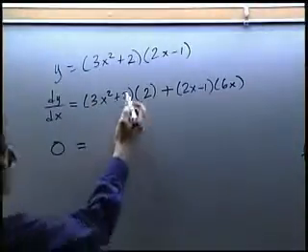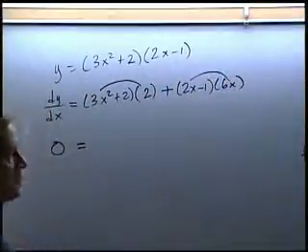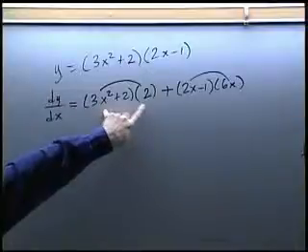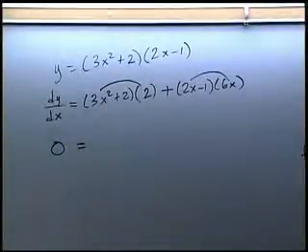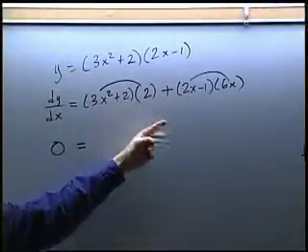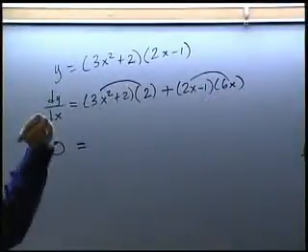Okay? Let's see. If I take this times this, and if I take this times this, and just put them all together, how many x squared terms do we have? Kind of skipping a step here in the middle, but how many x squared terms total? Okay, 2 terms, and here we've got 6 of them, and here we've got 12 of them, so that's a total of 18x squared, right?